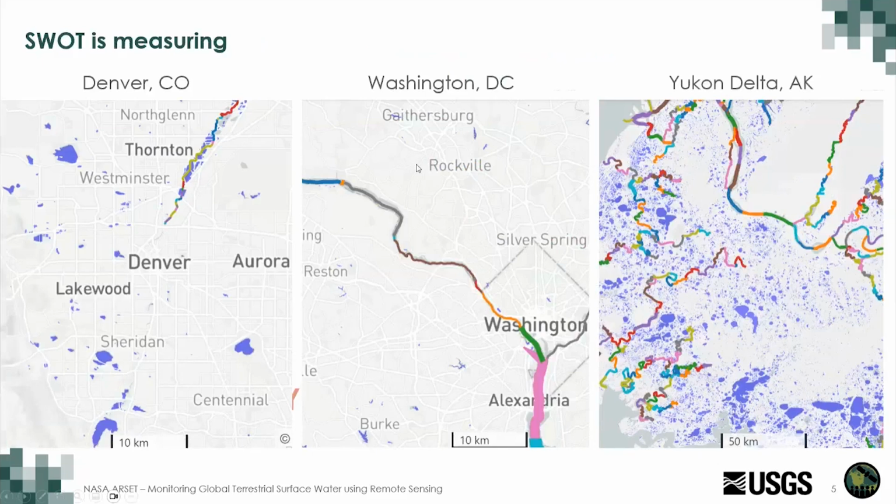If we look at Washington, D.C., we see the Potomac River showing up as well as some lakes and reservoirs. We see the real potential of SWOT if we look in the Yukon Delta and zoom out and see the thousands of lakes and river reaches that will be observed by this satellite.